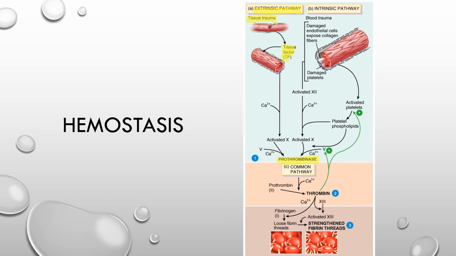Now, in the presence of calcium ions, tissue factor begins a sequence of reactions that ultimately activates clotting factor 10. Once factor 10 is activated, it combines with clotting factor 5 here in the presence of even more calcium ions to form the activated enzyme prothrombinase.